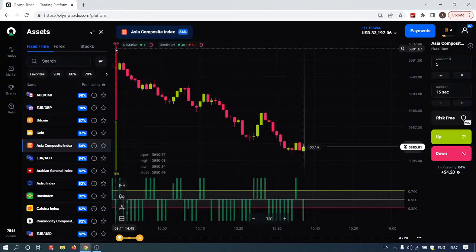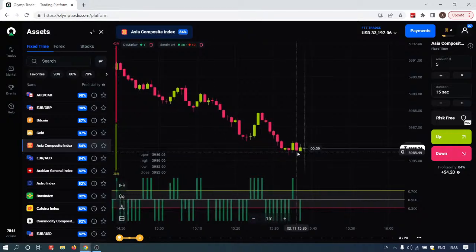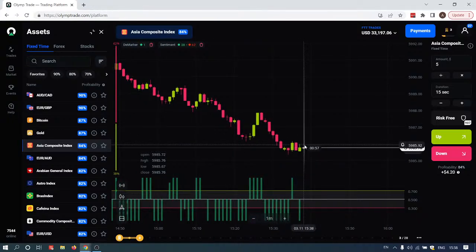Only on the OLYMP Trade trading platform, we can see that on this asset, Asia Composite Index, right now 60% of open positions are in the downwards direction, and 38% of open positions are up trades.